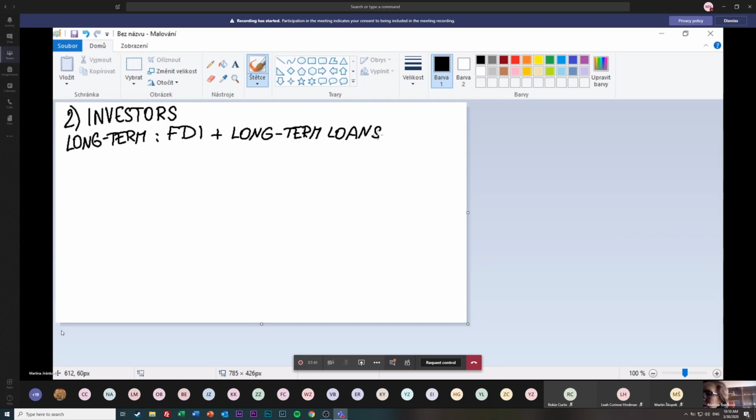So imagine Hyundai or Volkswagen, German company, or Hyundai, maybe Korean company. So these investors had foreign currency, but they needed to buy land here in the Czech Republic for Czech crowns. They needed to build factories.